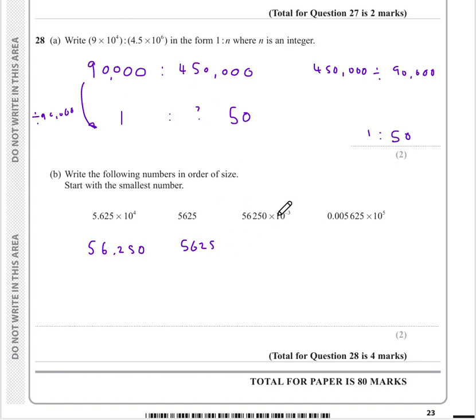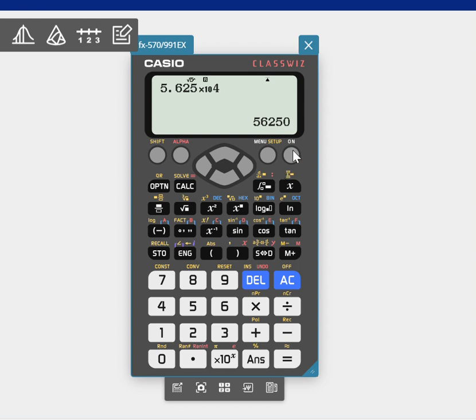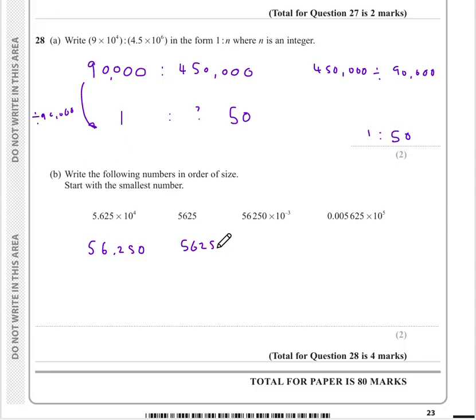We can also do the same with the negative powers. So if we go back to the calculator, we've got 5.625 times 10 to the power negative 3. If we change that to decimals, it's going to be 56.25. And if you put this other one into your calculator, it's going to change it to 562.5.